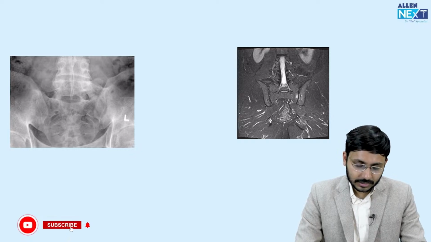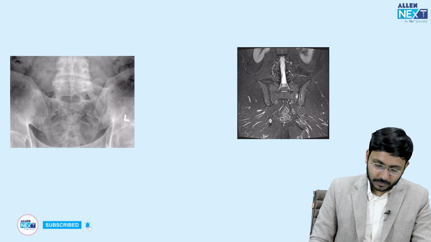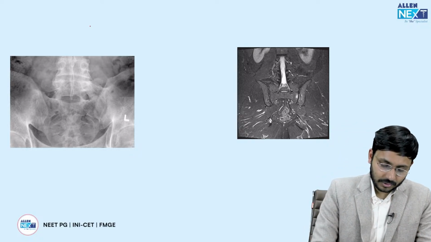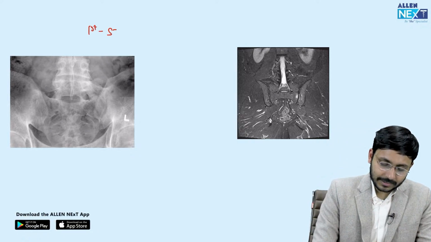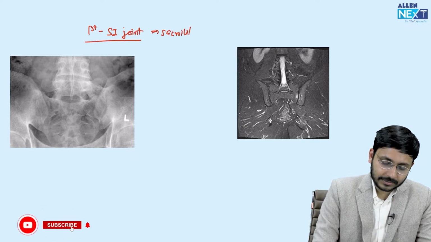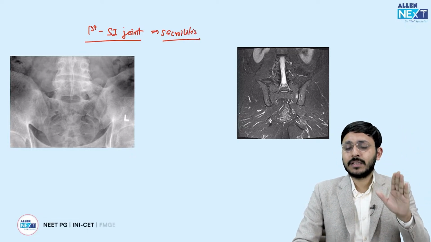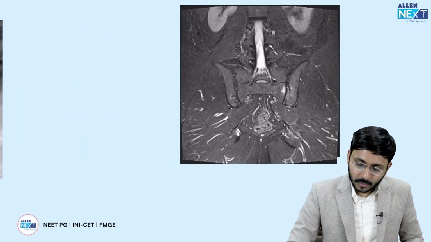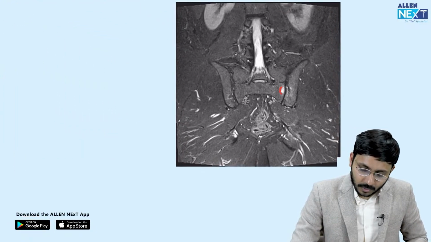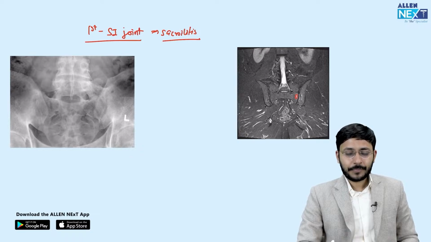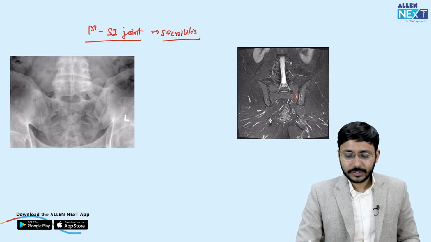Okay, so other signs of ankylosing spondylitis, first of all, remember the disease starts in the SI joint. So the first joint to be involved is the SI joint, and there occurs sacroiliitis. That is inflammation of the sacroiliac joint. Now, whenever inflammation is there, there will be bone marrow edema, and this is how bone marrow edema looks for ankylosing spondylitis.